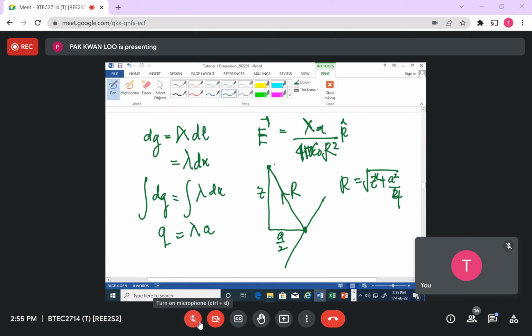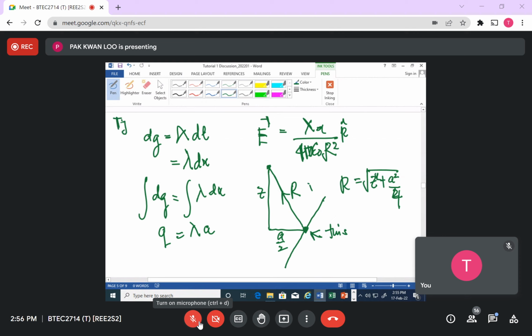Do you see the error in the understanding here? I don't know who, but I saw a few of you who did this. So obviously, this point doesn't represent the entire charge.